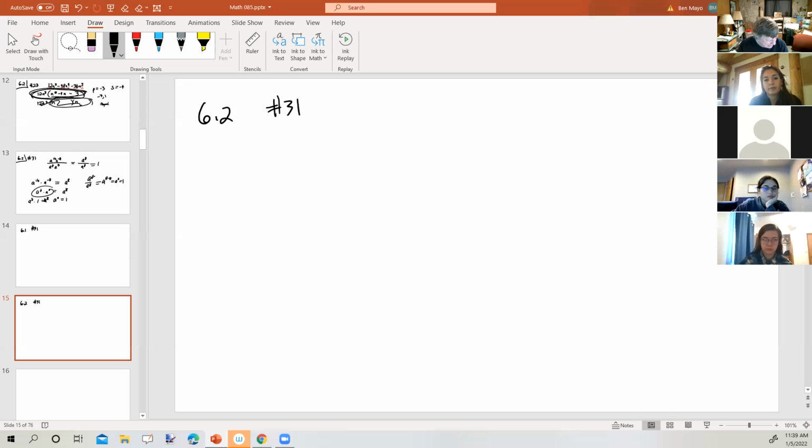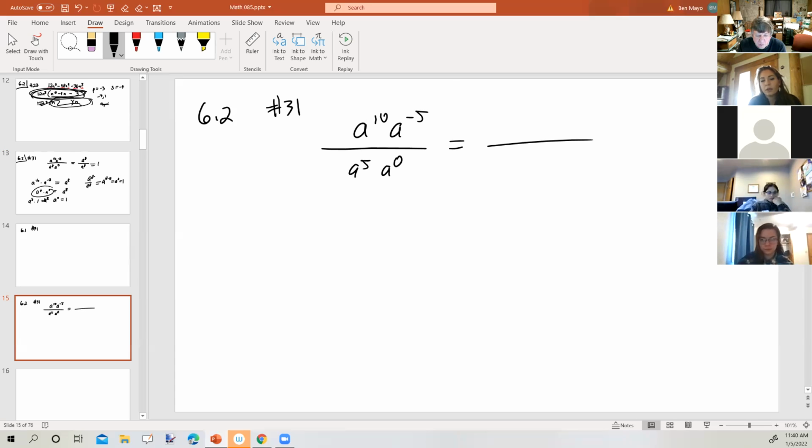Right. So it's kind of like the one we just did, but slightly different. So a to the 10th times a to the negative 5th over a to the 5th times a to the 0. So in the numerator, multiplying two powers with the same base, add the exponents. 10 plus negative 5 is 5.